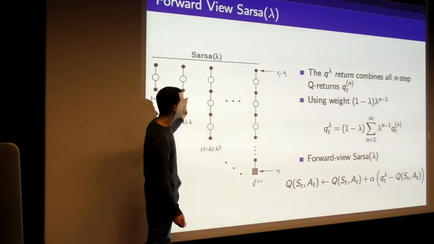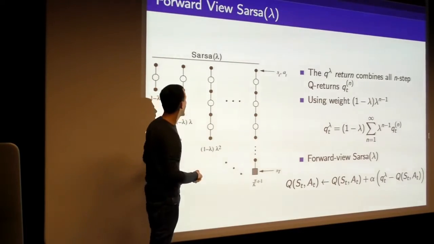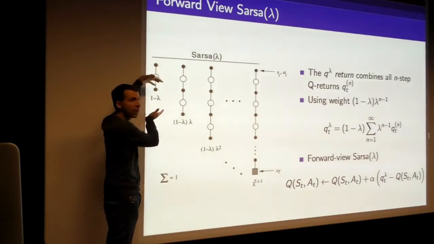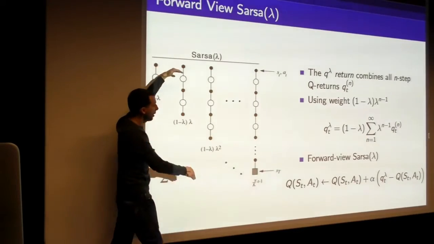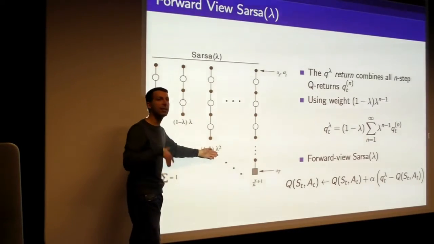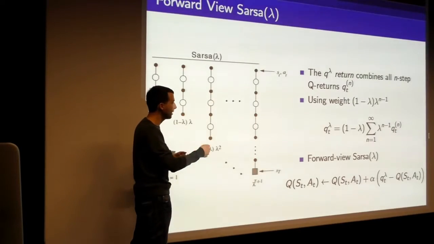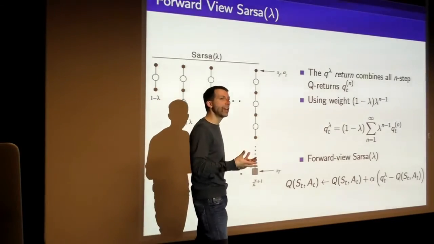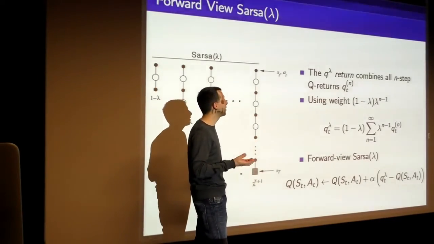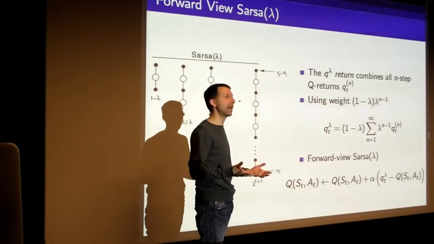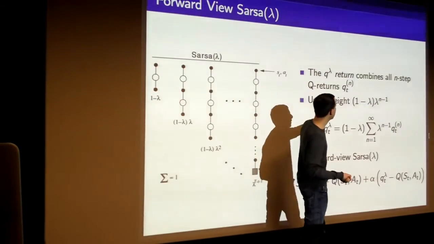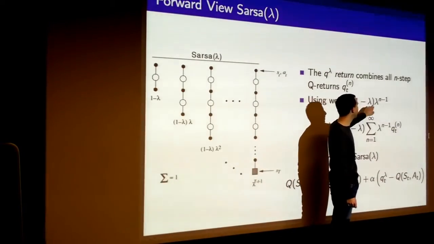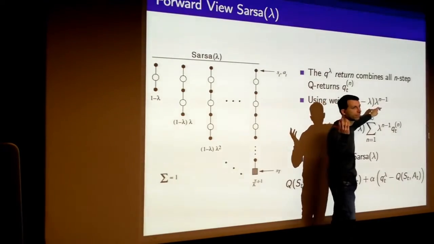So we get this weighted sum of all of our n-step returns, where we take more account of the trajectories with shorter n, and then we progressively discount by another factor of lambda as we increase n. The main idea is to make this average return. We had these n-step returns, and now we're going to average over all n. The way we average over them is by defining this weighting: we weight each n-step return by a factor of lambda to the n minus 1.